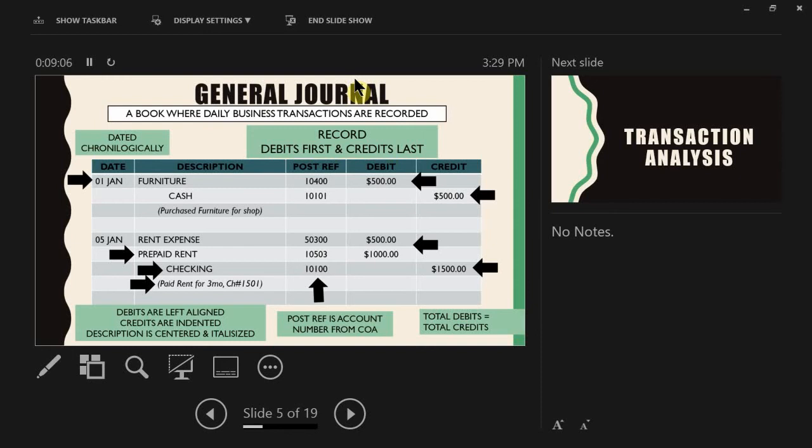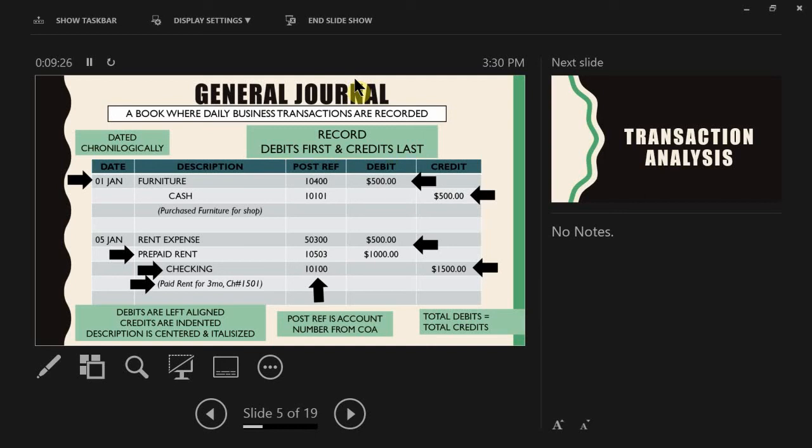Then lastly, but not least, we're going to be talking about your debits and credits, of course, right? Referring to your debits and credits as left and right. This is what it's going to look like. You have a column. The left side is going to be all your debits. The right side is all going to be your credits.